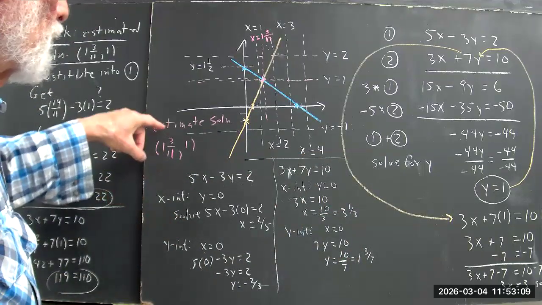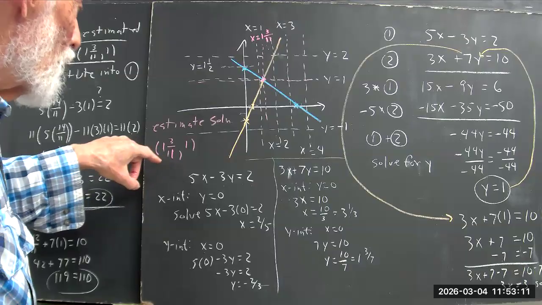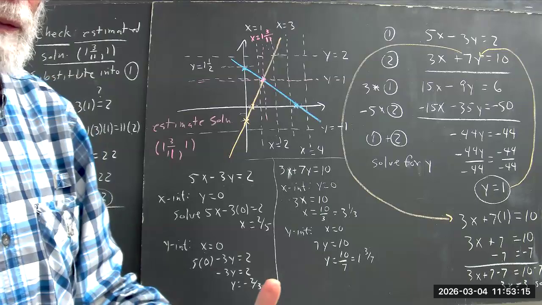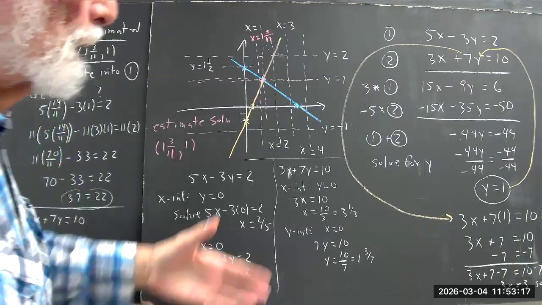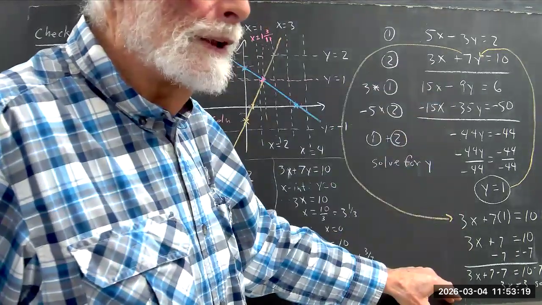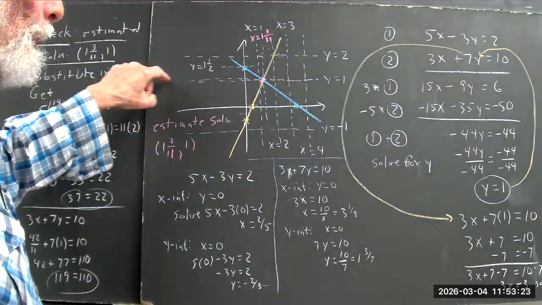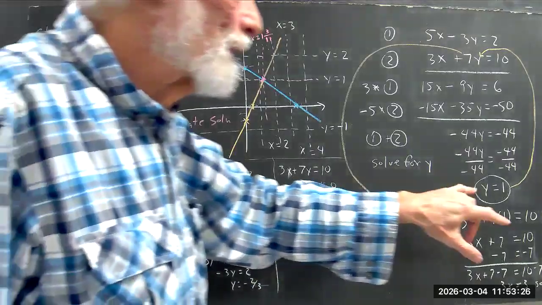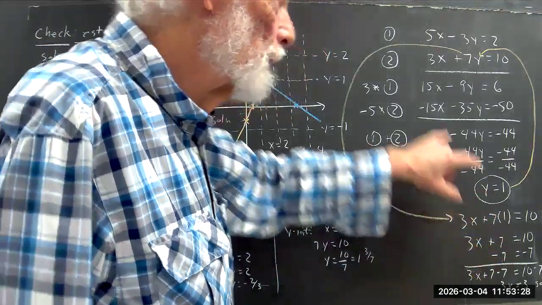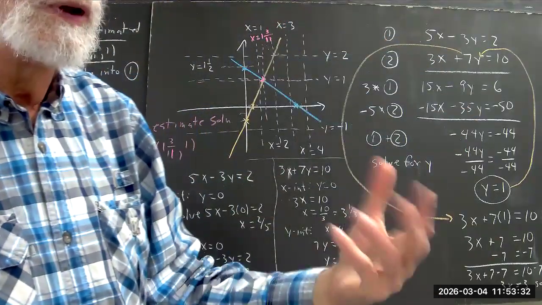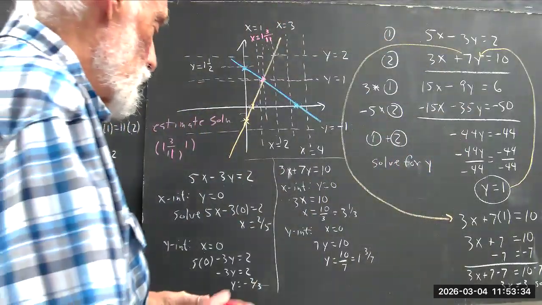And the solution we got graphically was about 1 3/11, 1, which is pretty darn close. Okay. So we tend to believe our solution by elimination. We tend to think it was confirmed by the graph. And also then we can check our solution by elimination by plugging our solutions back into both equations and saying that they both give identities.